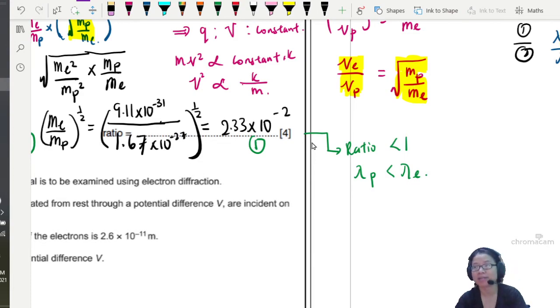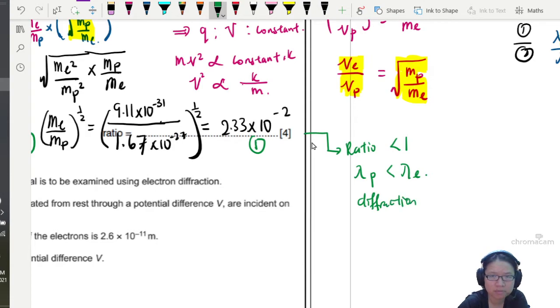That's why this diffraction pattern, currently the only way to do it reliably in the lab is by using electrons. That's why we had to wait for someone to discover the electron first. So this lambda P is less than lambda E, so the diffraction pattern is less spread out.